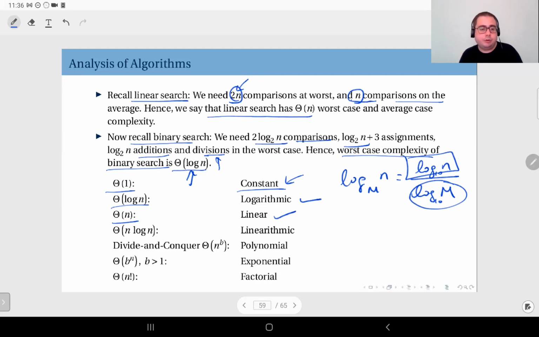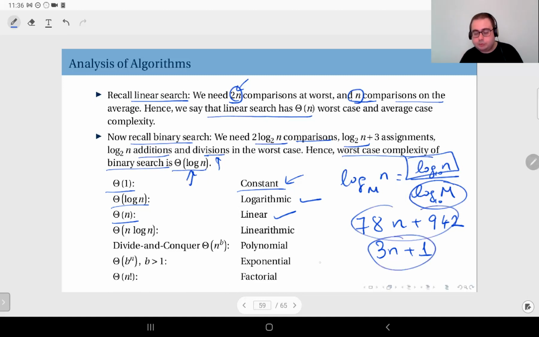So here, of course, your actual number of executions could be 78n plus 942, or it could actually be 3n plus 1. Both of these are linear, so they have linear complexity. It could be this one or this one. In practice, the first one is going to require more time.